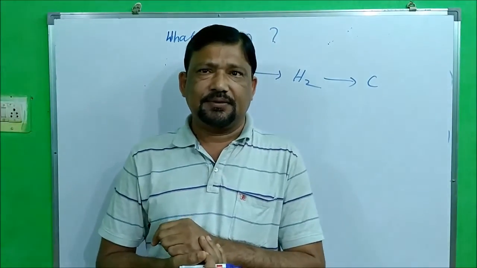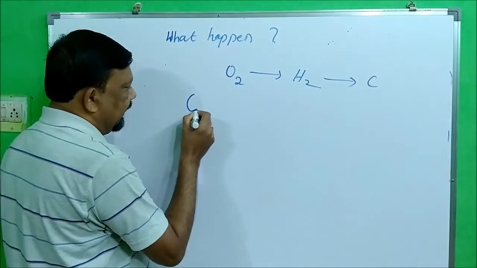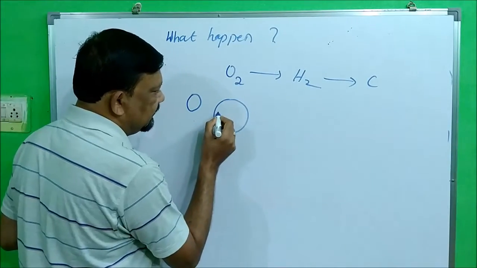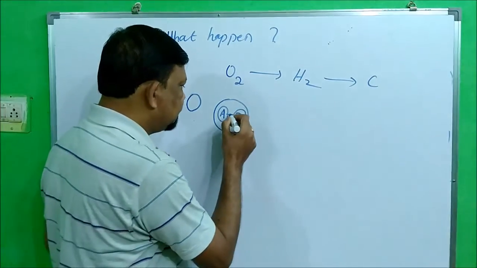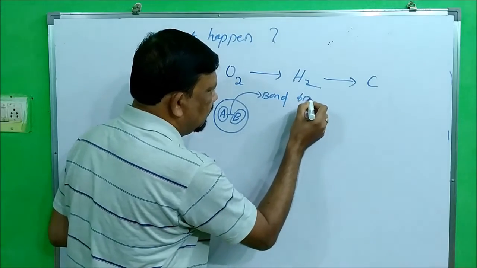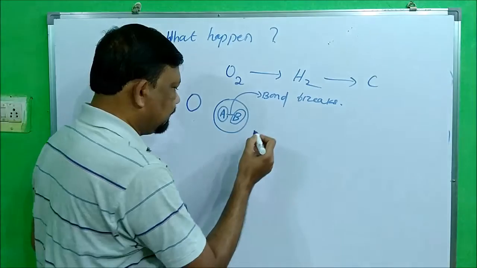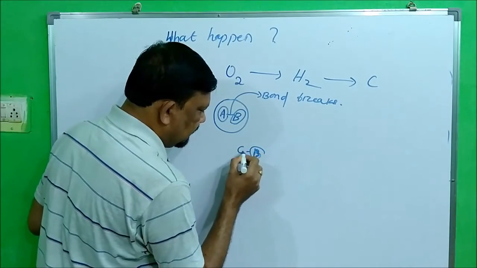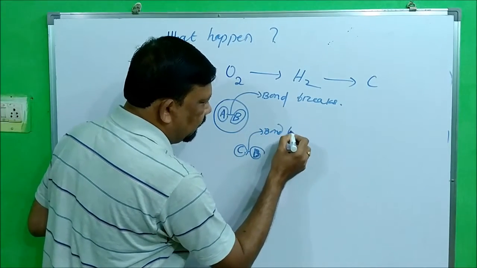Then what happens? Actually, when a substance is there, its atoms are bonded with each other. This bond breaks. One more chemical, C plus D. These are the chemicals present, and this bond also breaks.